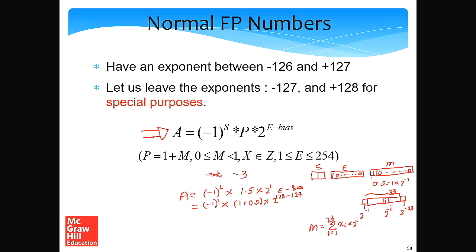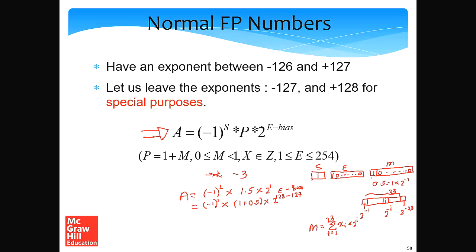And it's essentially a summation from 2 to the power -1 till 2 to the power -23, each term multiplied by a coefficient. In this case, we just need to stop at 0.5. So the MSB needs to be 1 because it's 2 to the power -1, and the rest of the terms need to be equal to 0. So this is the representation of our floating point number in binary.